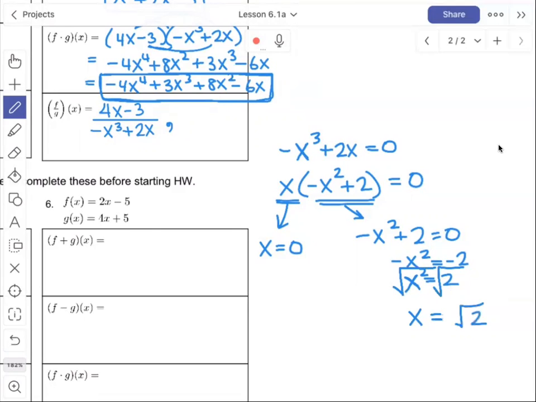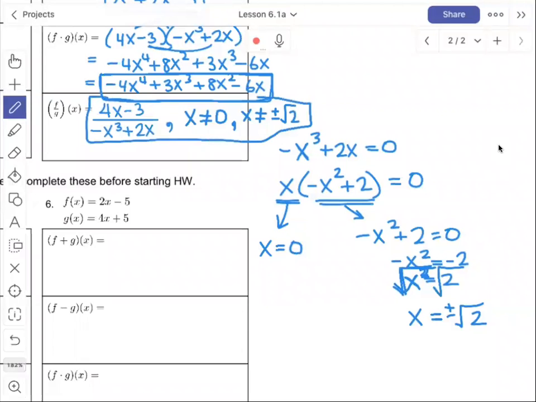And don't forget, if you square root a square, you need plus or minus. Okay, and then we have x cannot equal 0, and x cannot equal plus or minus radical 2. Final answer. All right, good job, Jackson.